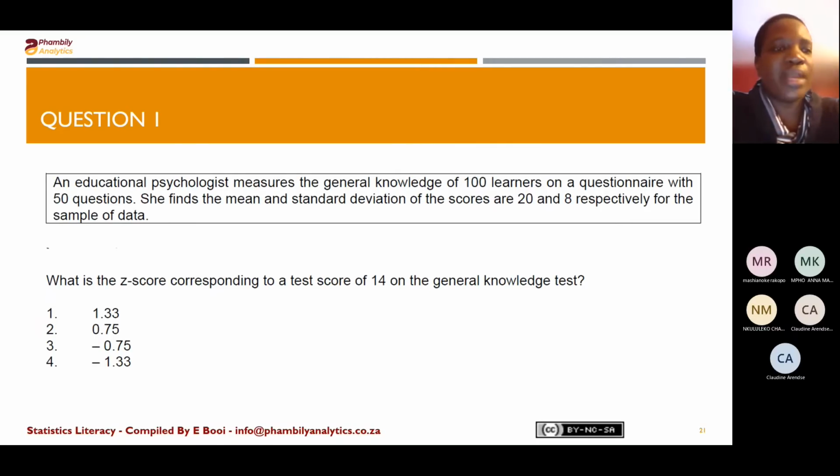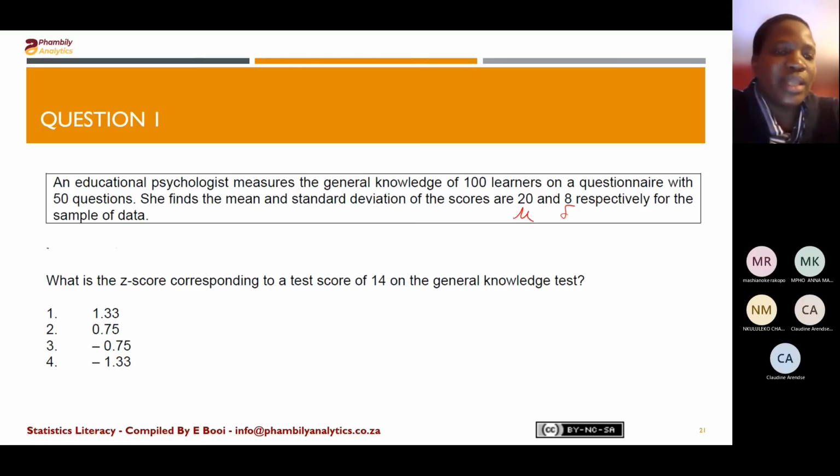Question 1: an educational psychologist measures the general knowledge of 100 learners on a questionnaire with 50 questions. She finds the mean and the standard deviation of the scores are 20 and 8 respectively. So 20 is the mean and 8 is the standard deviation.